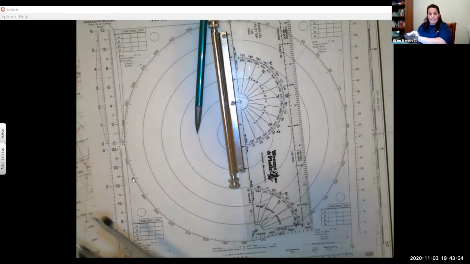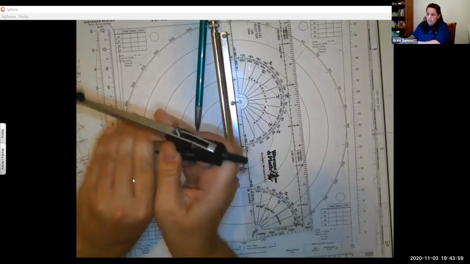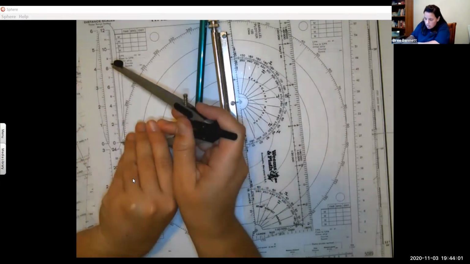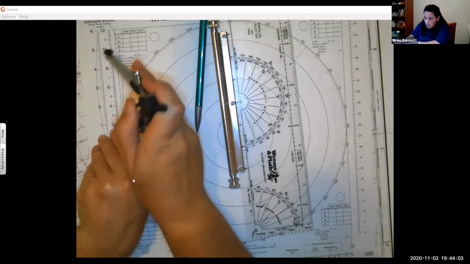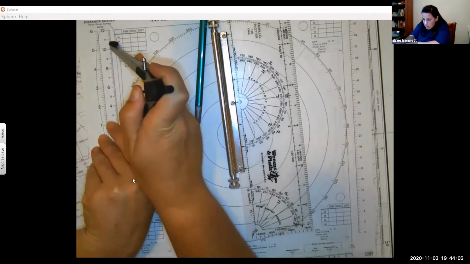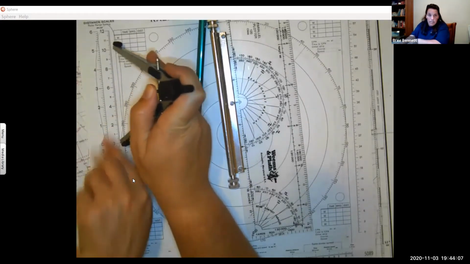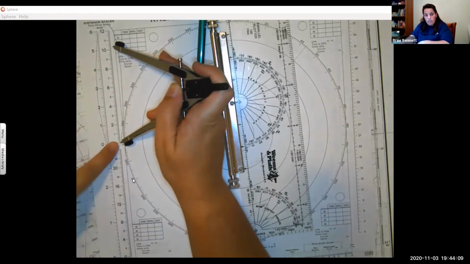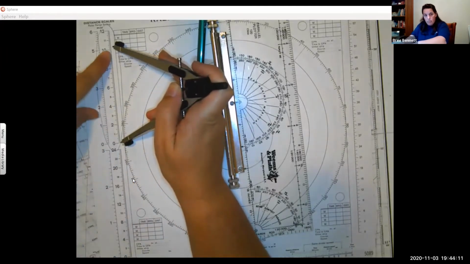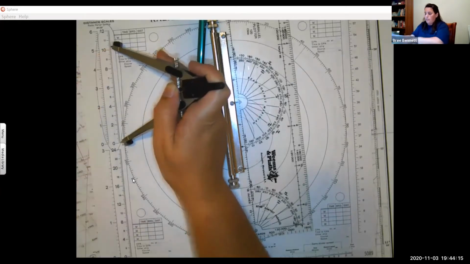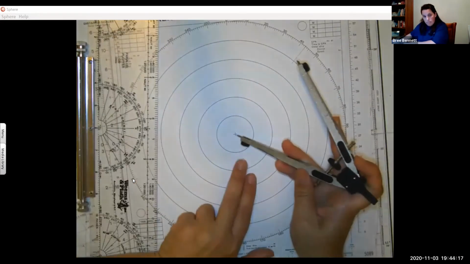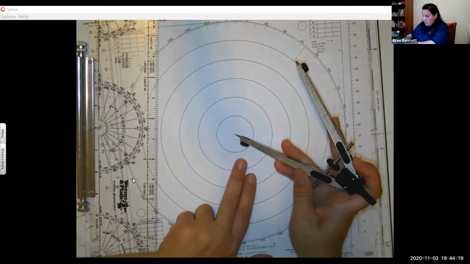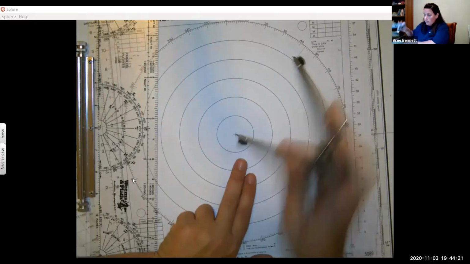We find 10.3, start from the center, and swing a little arc.